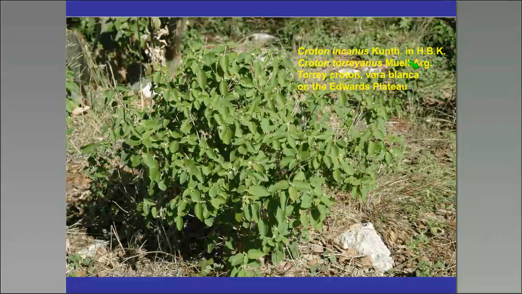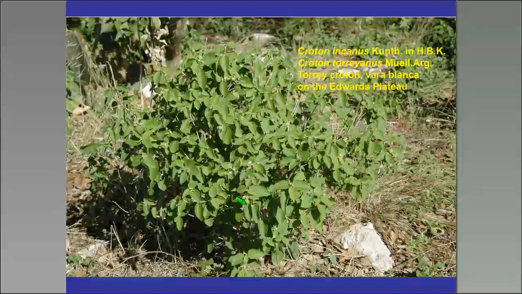Let's take a closer look at the plant. It is used as an ornamental in some instances, but notice how it's made a very nice shrub. Notice in the center here, I can see the white male flowers. And if I look down toward the bottom, I can see the female.